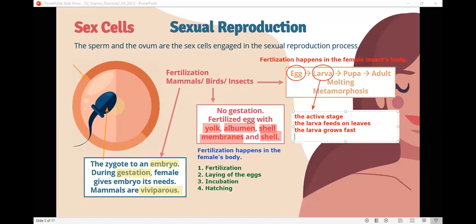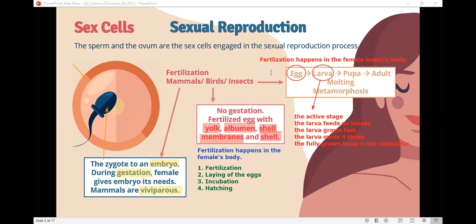The larva molts, or sheds its exoskeleton, 4 times. Good job. And what do we call the fully grown larva? The big caterpillar. Bravo. The caterpillar.